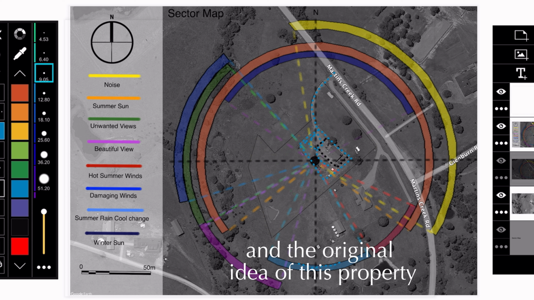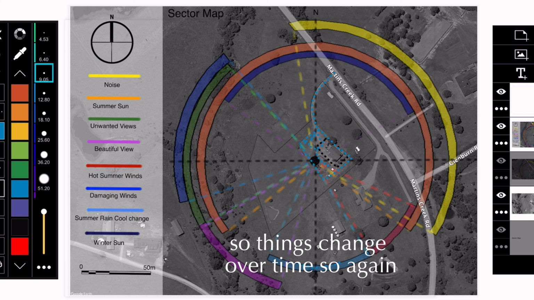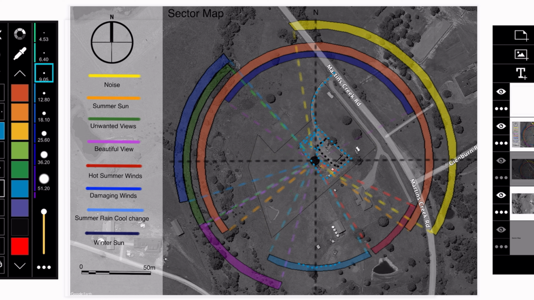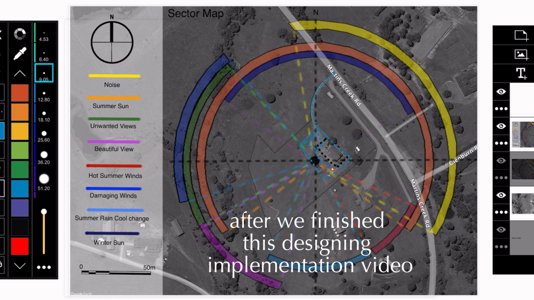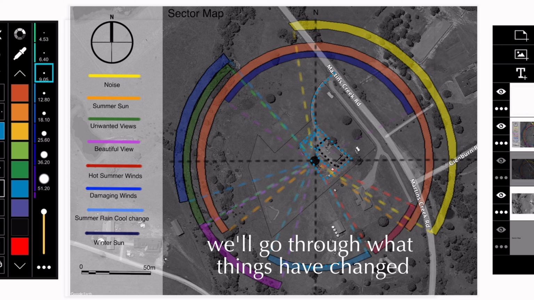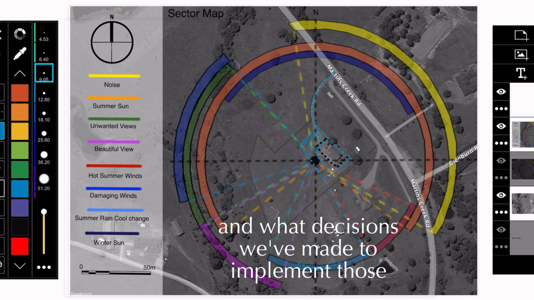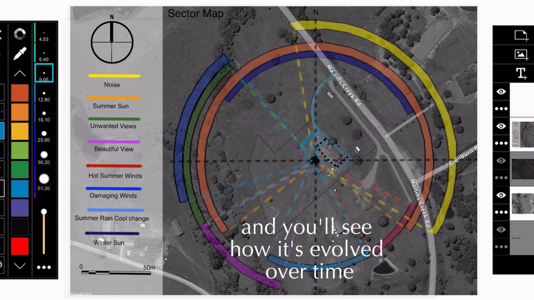And the original idea of this property was to do market gardens and to rotate some animals around the paddocks. So things change over time. So again, after we've finished this design video, we'll go through what things have changed over the last few years and what decisions we've made to implement those, and you'll see how it's evolved over time.